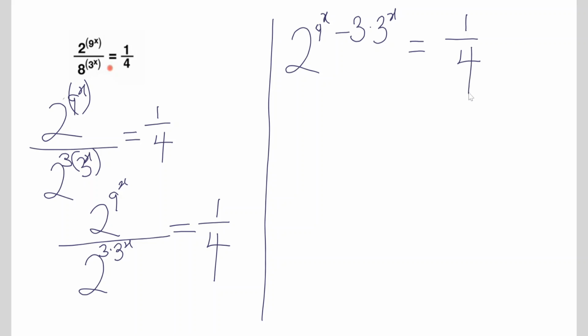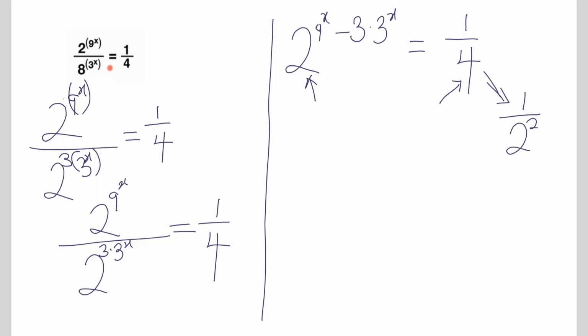And as you can see, on the left hand side we have a base of 2, and on the right hand side we have a base of 4. There is a relationship between the both of them. That is, 1 over 4 can be written as 1 over 2 to the power of 2.